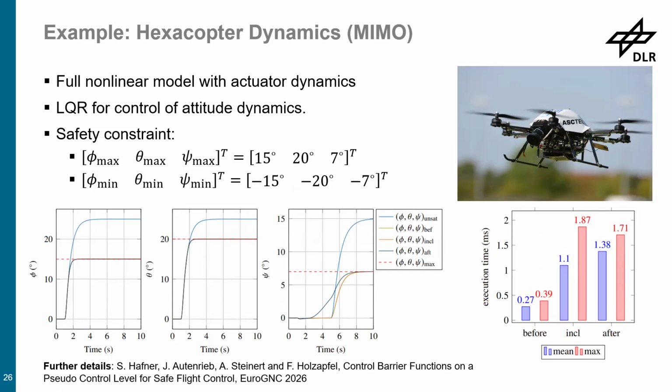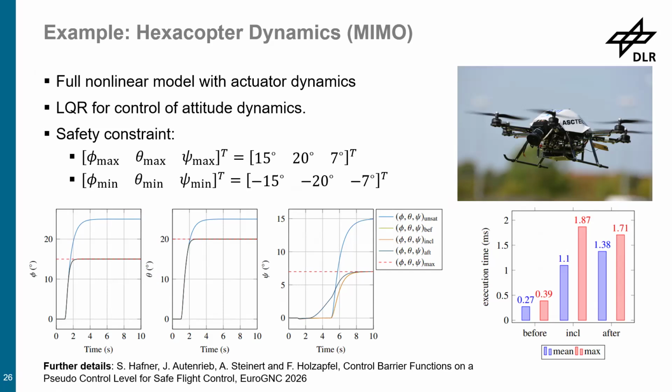Also, interestingly, for the max, the integrated one was the slowest one, but the mean was not as high as for the one afterwards. To be fair, I don't know why, but it's just like that. But all of them were able to provide safety, right? So this is also interesting.